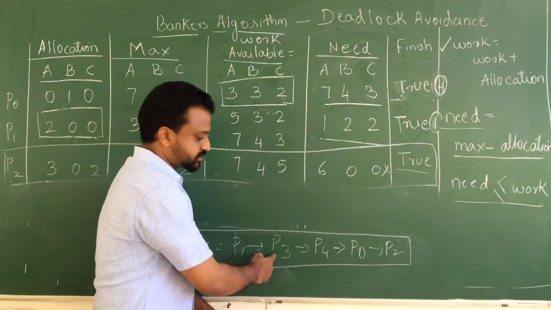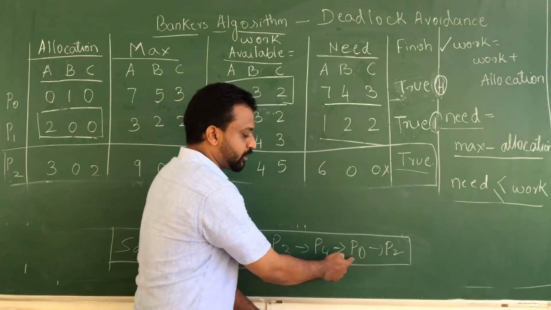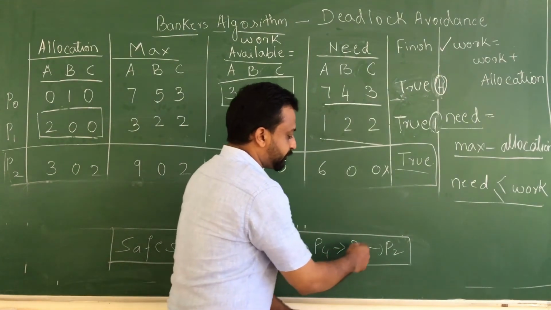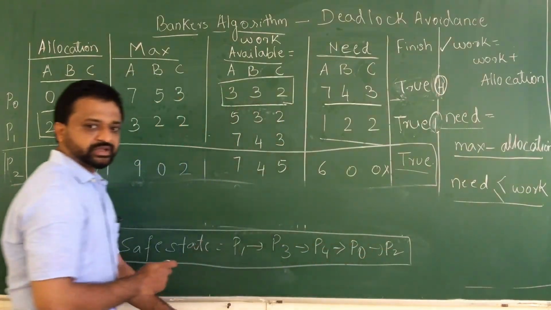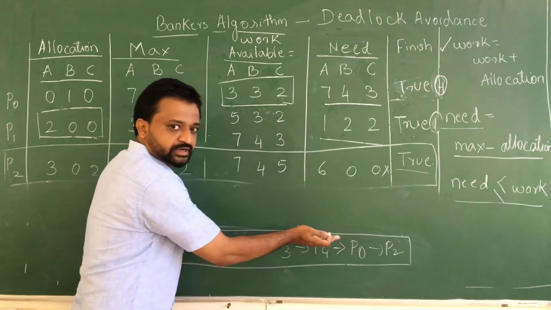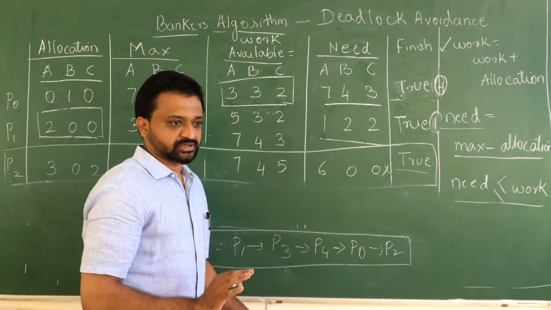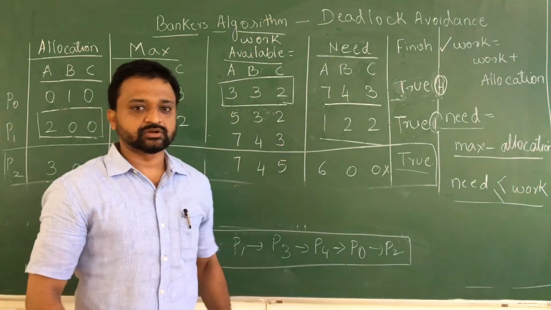Then P4 finished. Then we recomputed and saw that P0 was not yet completed, so we finished it at the 4th position, and finally we finished process P2 last. So this is the safe state which we can execute. If we follow this order, we make sure that there will not be any deadlocks in the process. This is how we avoid deadlock using Banker's algorithm.